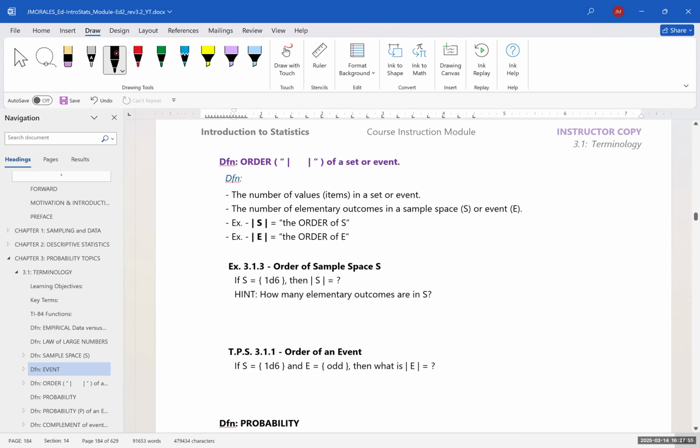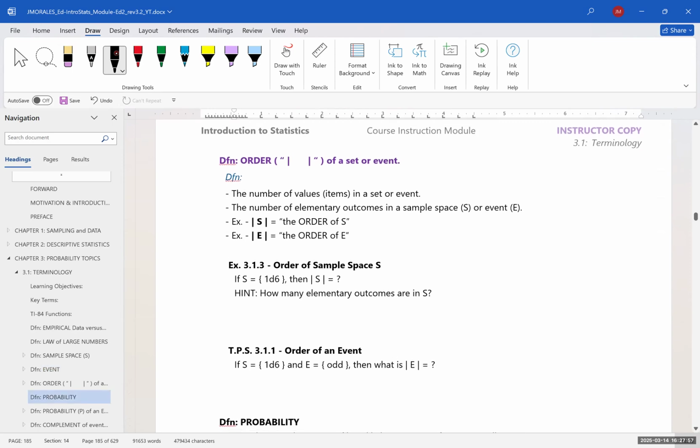All right. Next, you're going to hear me talk about the order of a set or of an event. And I use a pair of vertical lines to denote the order of. Do not mistake this when I'm talking about the order of an event, because this looks like absolute value in algebra.